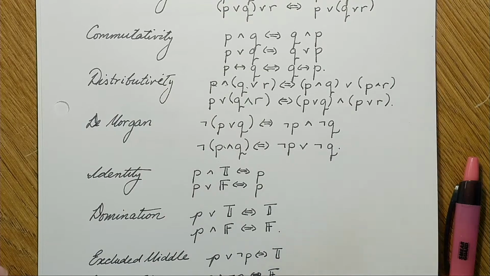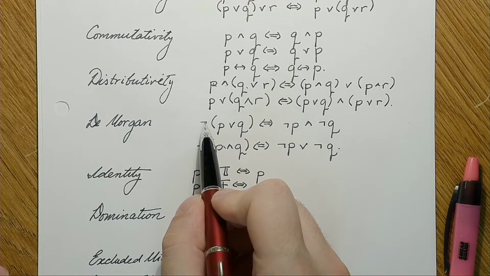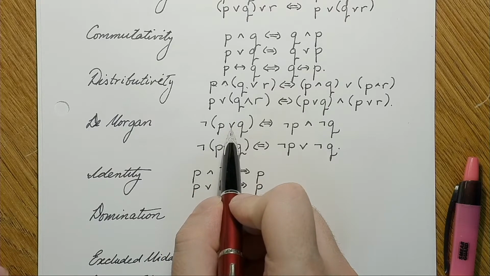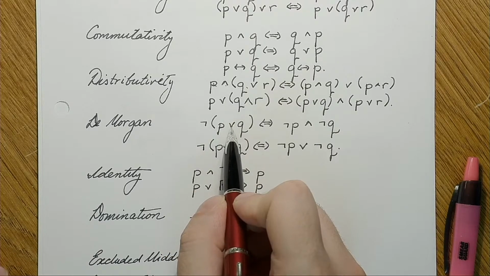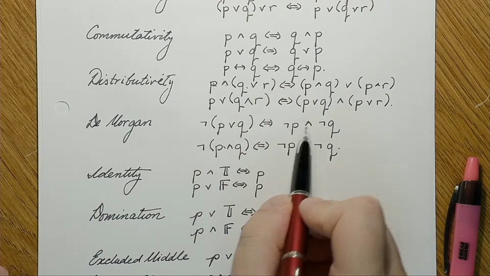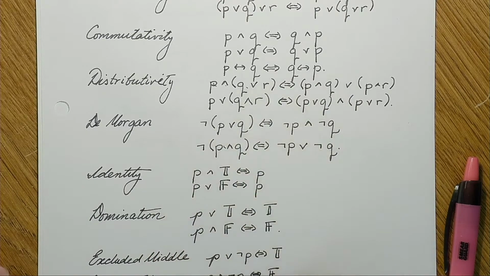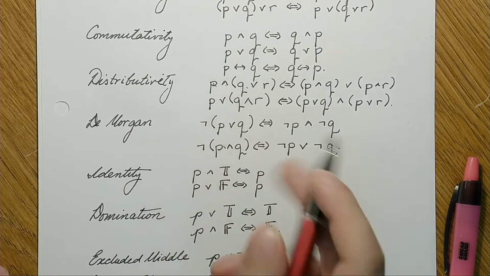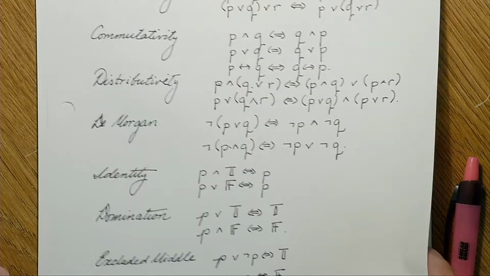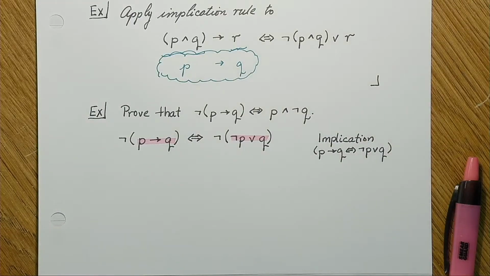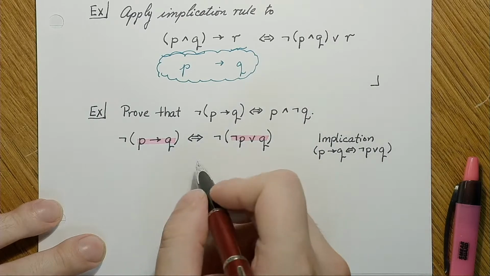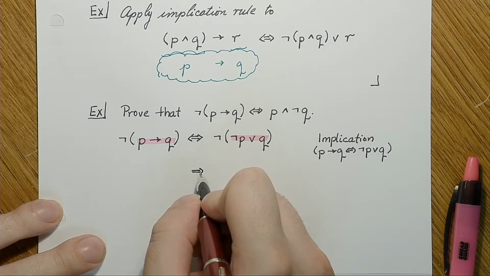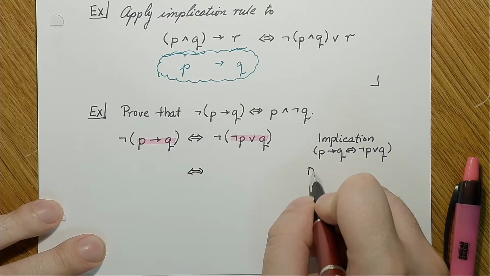So I apply the negation to the P, the negation to the or, which turns it into an and, and we also apply the negation to the Q. So this is by De Morgan.